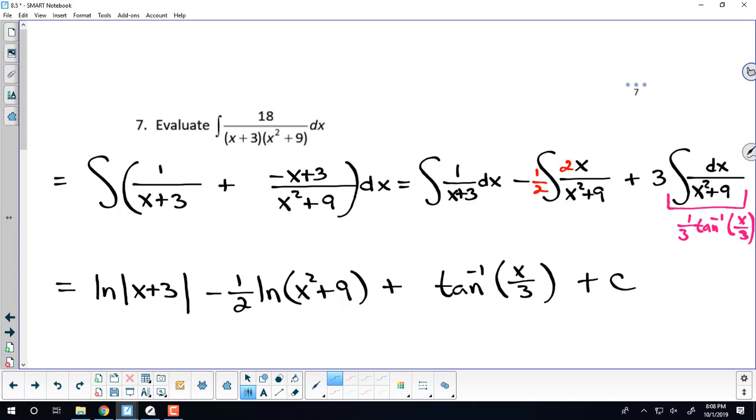No, because the formula we use is for the integral of 1 over x squared plus a squared. If we're writing it in this form, that's to say we're going to let x over 3 be tangent of theta. We're just following this formula for the inverse tangent. So that one's 1 over a arctangent x over a.